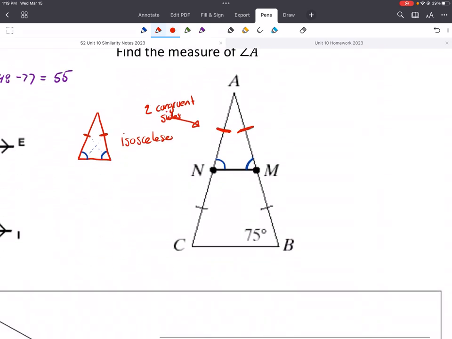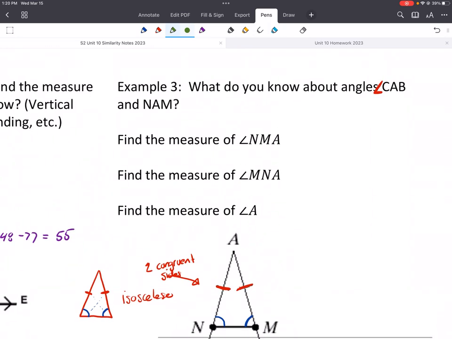If that makes any sense. Let me show you another example in a second, but we're basically saying angle CAB, so this angle, how is that related to angle NAB? Okay, so what do you notice about those two angles? Well, they're the same, they're congruent, okay?